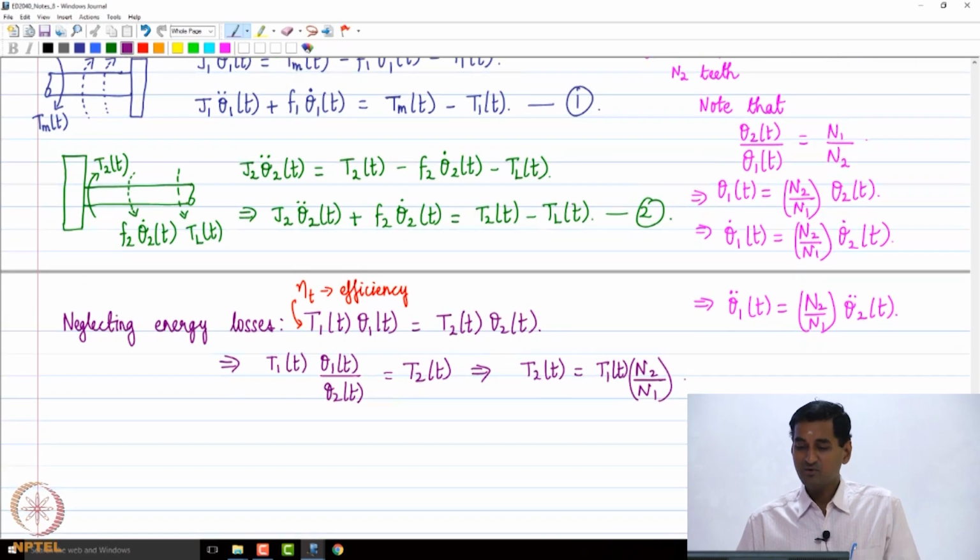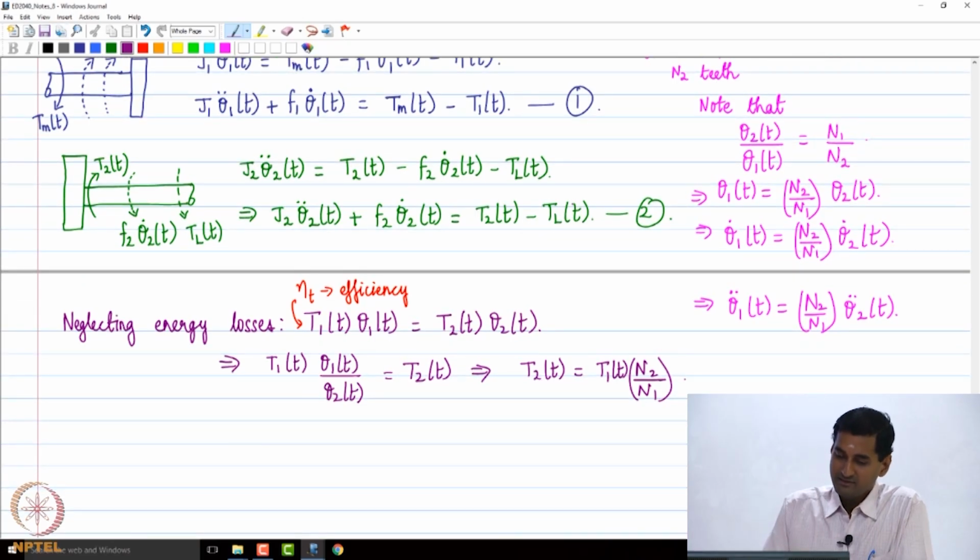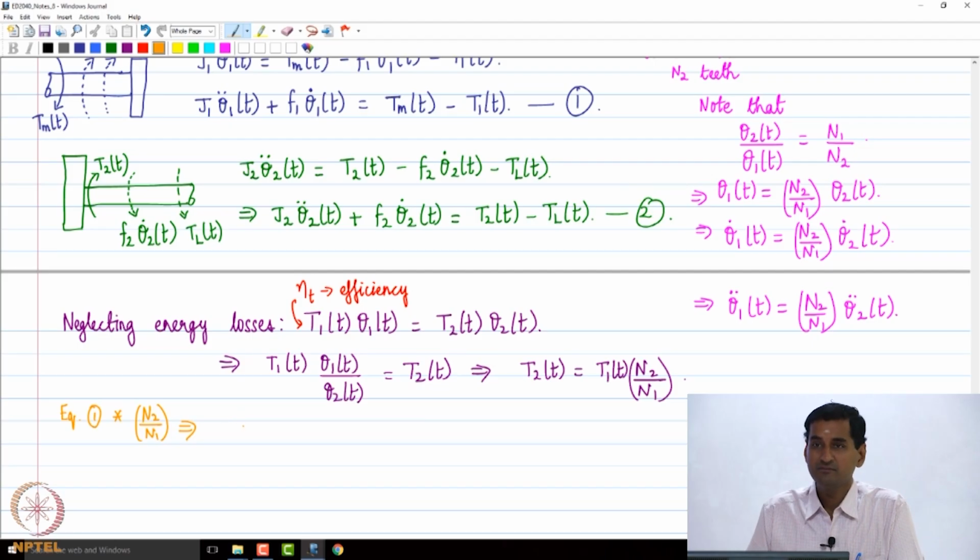Now let's go back to equation number 1, and multiply both sides by N2 by N1. I can do that, right? So then what will I get?